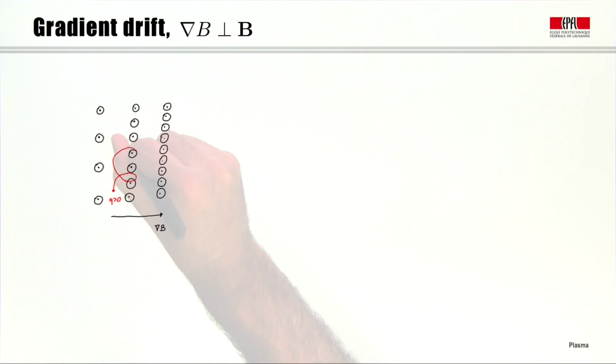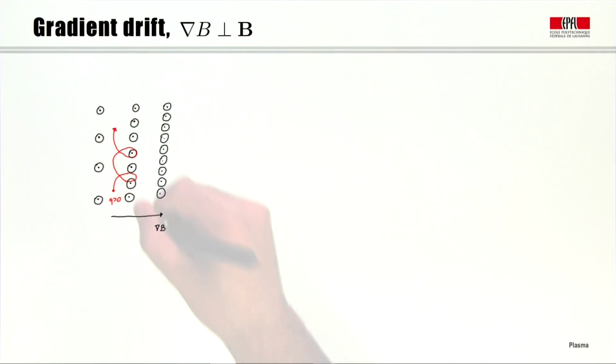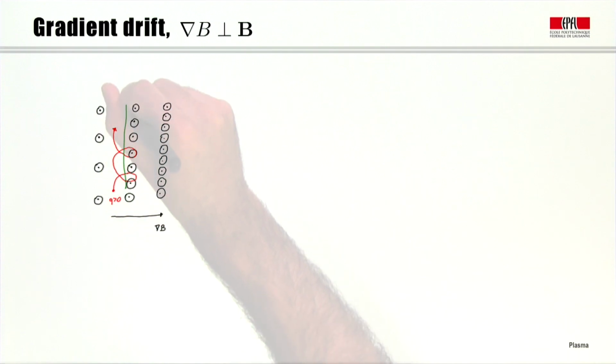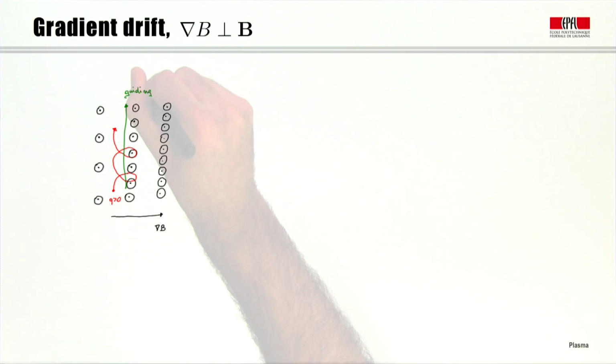And then again regions where the magnetic field is stronger and therefore the Larmor radius smaller, etc. What is the result of such a motion? It is again the one that can be described by the motion of the guiding center of the particles in this direction.